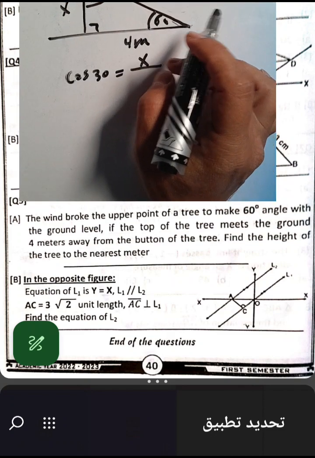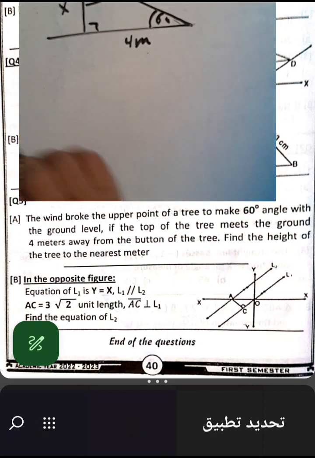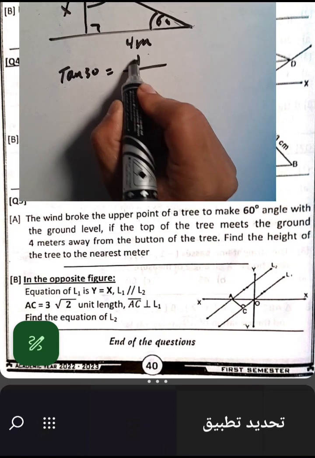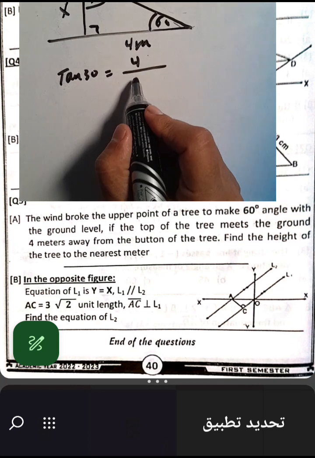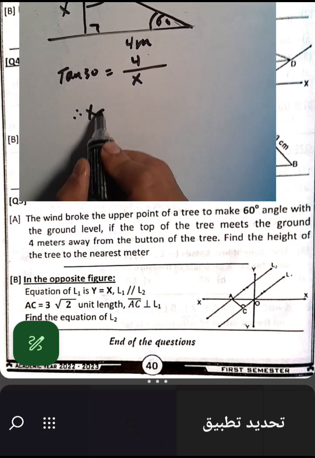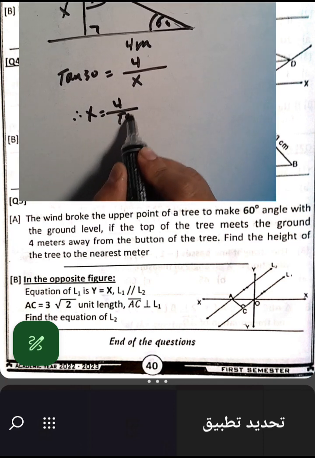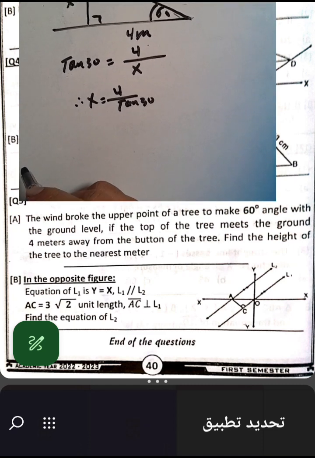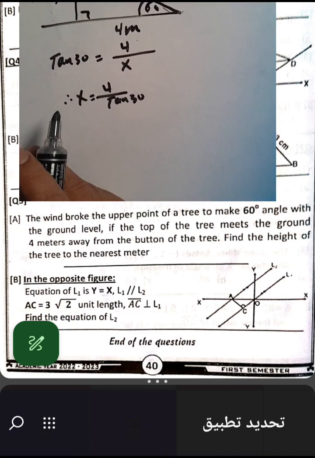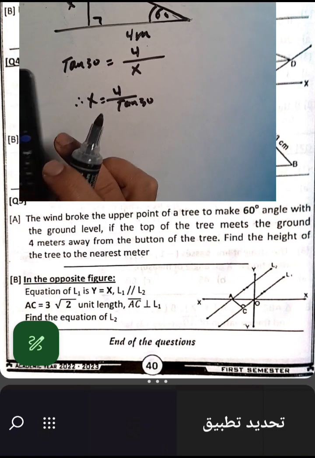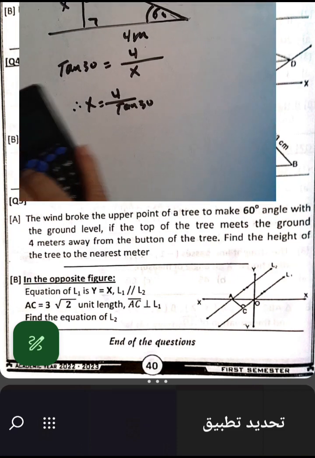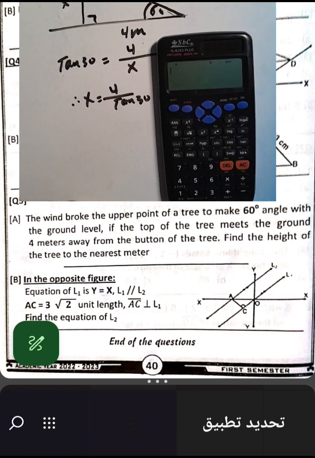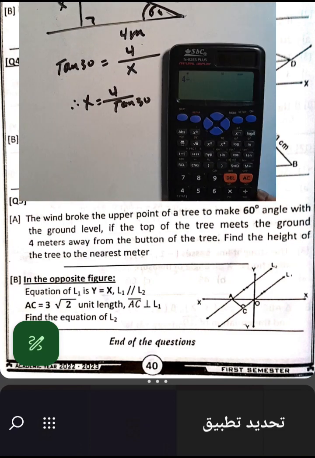But the hypotenuse I don't know. Then we can write tan 30, it will be opposite 4 over adjacent x, then x will be 4 over tan 30. Because we have opposite and adjacent about this angle, or you can write 60 as you like. Then x will be 4 divided by tan 30, right?